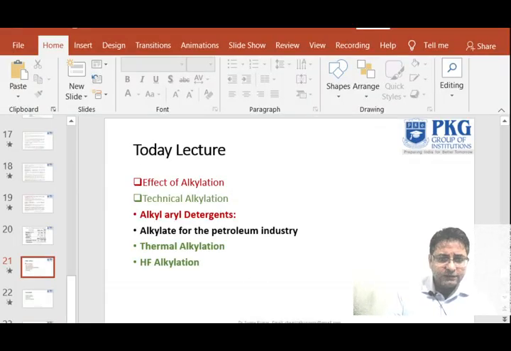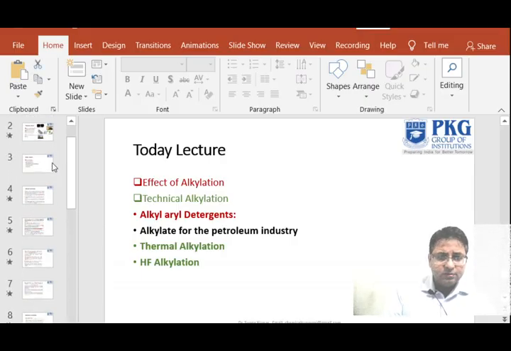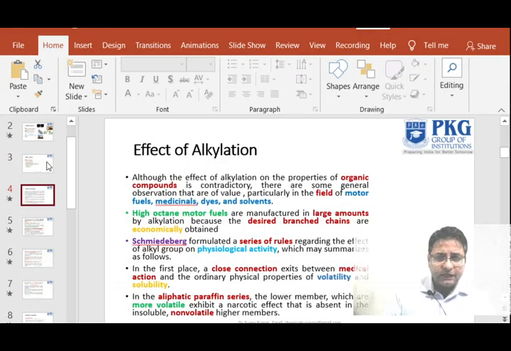We have seen this one. So what are the parameters which are affecting these alkylations?